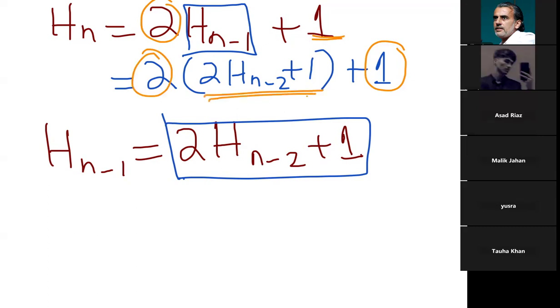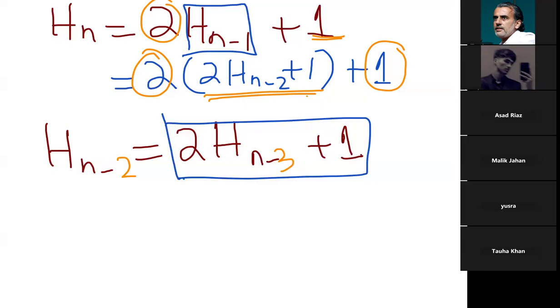So now the expression is still open. Hn is now dependent on hn minus 2. What would hn minus 2 be? If we try to compute hn minus 2 using the same recurrence relation, hn minus 2 is 2 times hn minus 3 plus 1. So we'll borrow this expression and plug it in the place of 2hn minus 2.